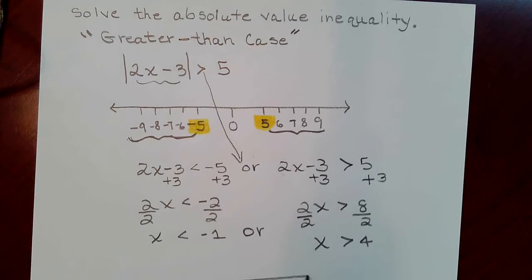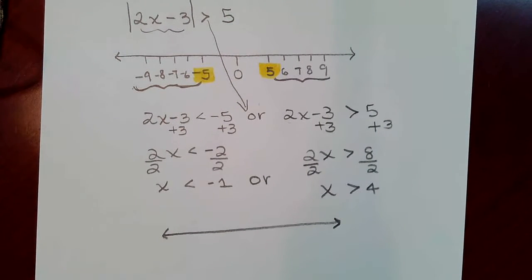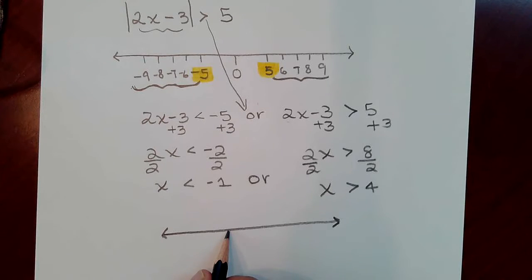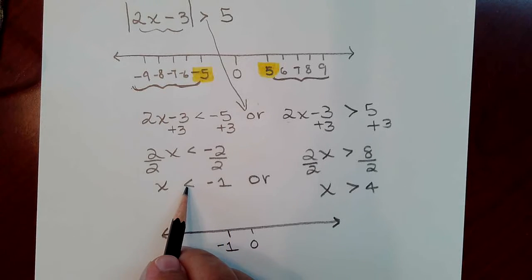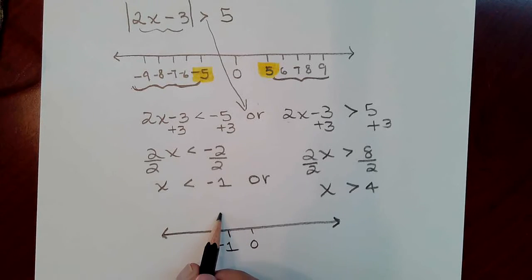If you put this on a number line, that'll probably help you be much more successful with getting the interval notation, as you will be expected to give these answers for inequalities in interval notation. So if you draw a picture of this, the answers for this problem are -1, and you can put a 0 in there if you'd like. Because this is a less than without a little equal sign, we'll use the parenthesis.